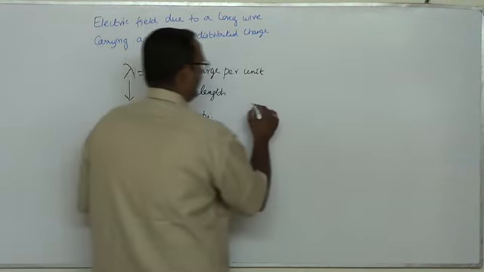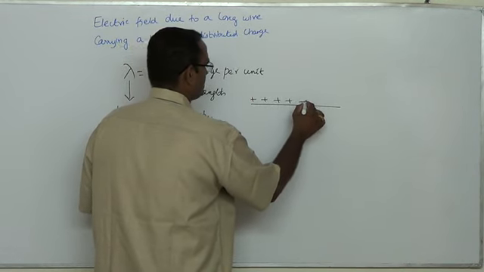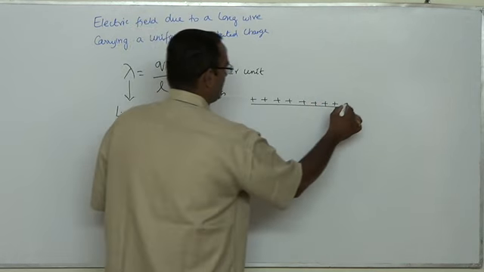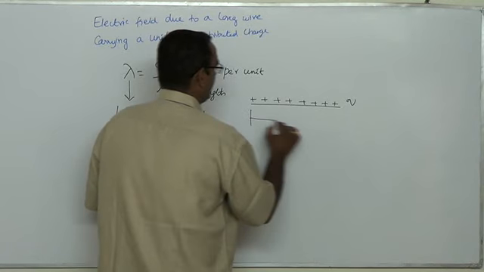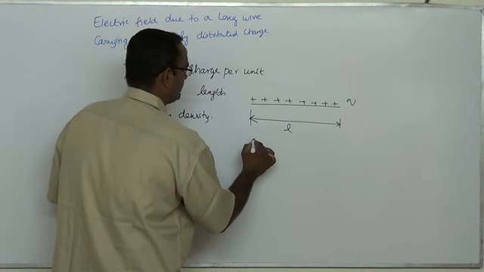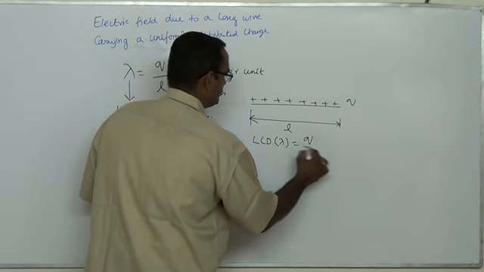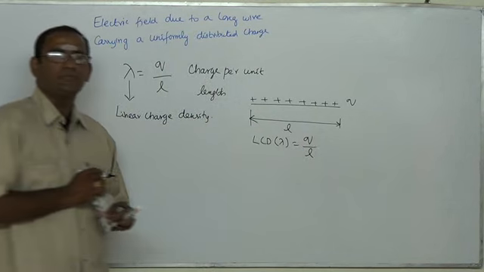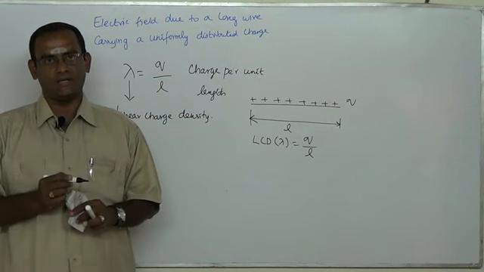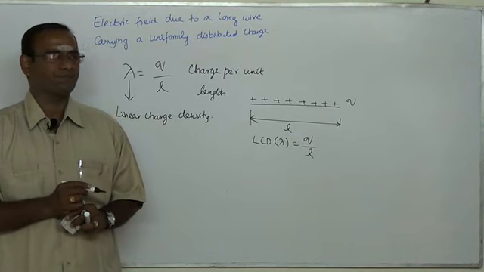For example, I have a wire over which the positive charge is distributed, and let the total charge be Q, and the total length of the wire is L, and therefore the linear charge density lambda is given by total charge divided by the total length of the wire. It is called charge per unit length, or linear charge density.